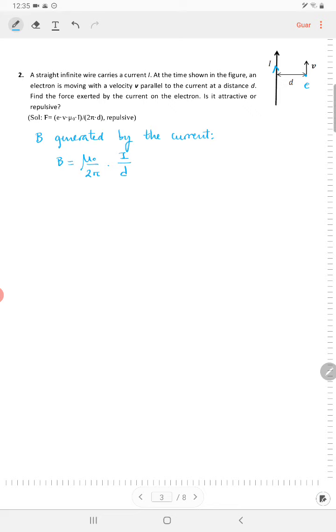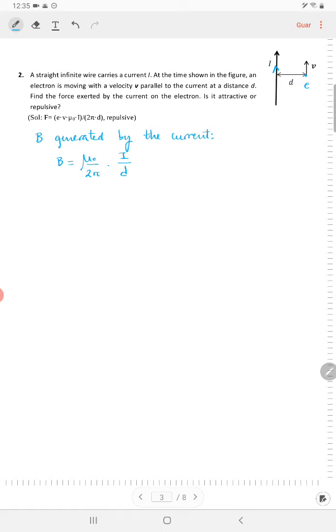To discuss the direction, we have to remember the rule with the mnemonic we had with the right hand: you put your thumb following the current, and then your fingers will tell you the direction of the magnetic field.